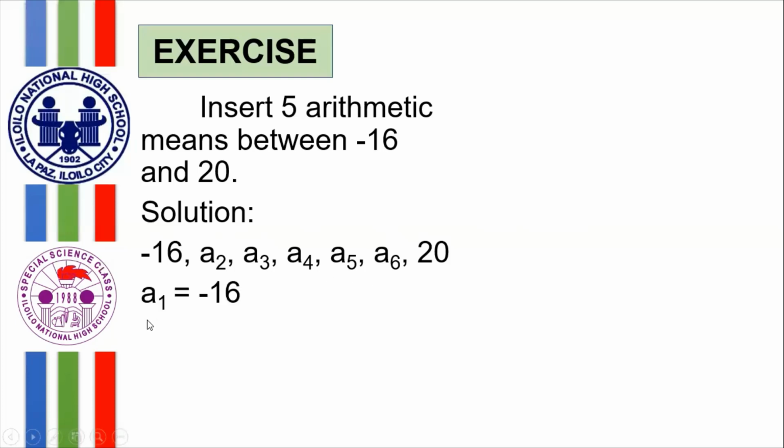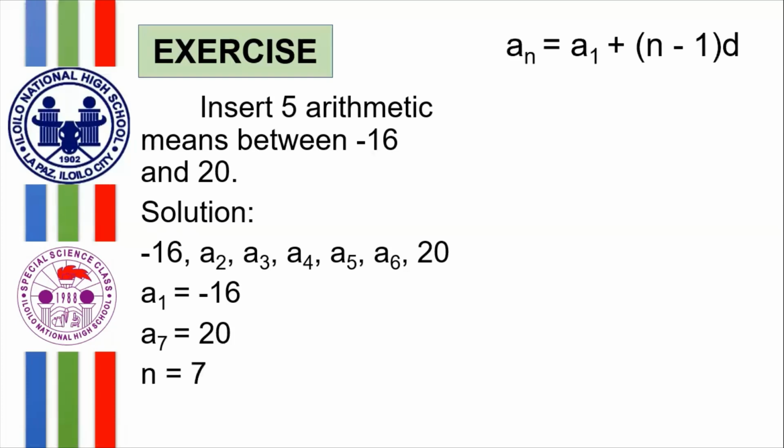From here, you could also see that negative 16 is a sub 1, or the first term. And how about 20? That's 1, 2, 3, 4, 5, 6, 7. A sub 7 is 20. And since you have 7 terms, you let n be equal to 7 and substitute it to the explicit formula of the nth term of your arithmetic sequence.